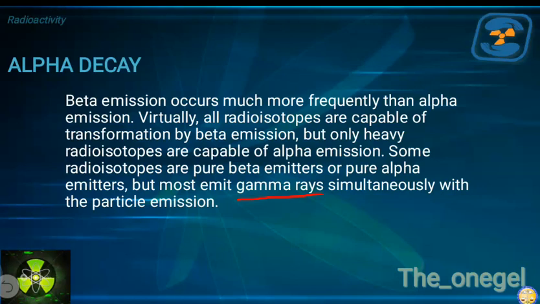Sige, unahin muna natin si alpha because later we will discuss gamma. So for example, we have yung example natin kanina doon sa mga primordial radiation, di ba? We have uranium 238. Pasok ba siya na mag-emit ng alpha particle?